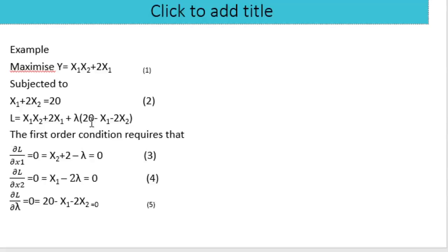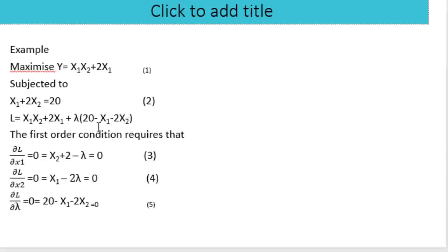This is given here, and multiply it with lambda. This is the first step. Then create a new function L equal to x1 x2 plus 2x1, this is the objective function, plus lambda times 20 minus x1 minus 2x2. We have created the new function.